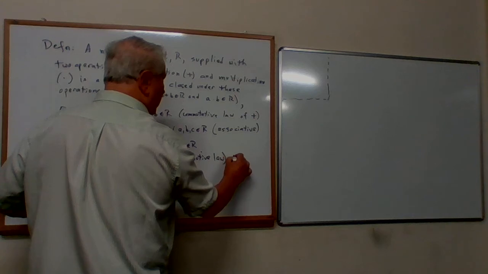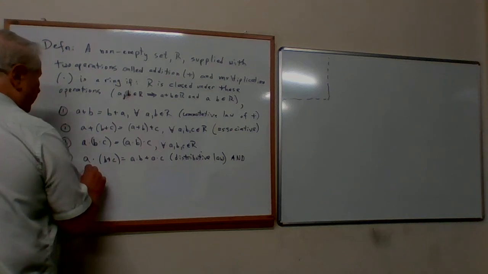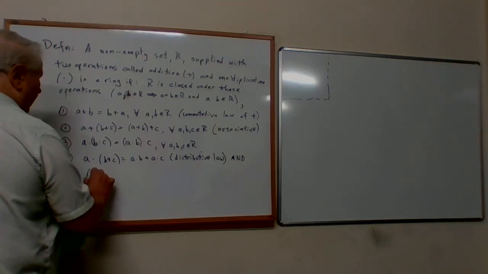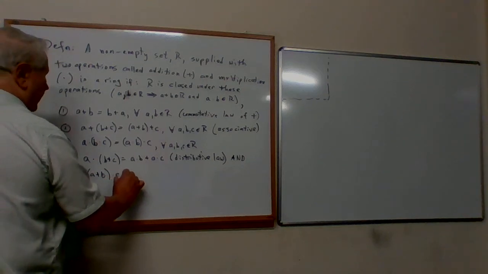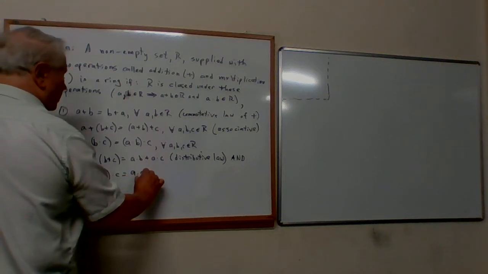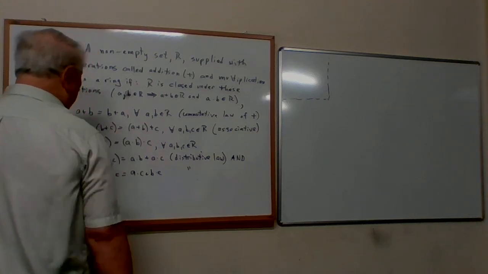And it's distributive on the other side too. If I take the sum first, A plus B, that quantity times C, that's equal to A times C plus B times C. And again, a distributive law.